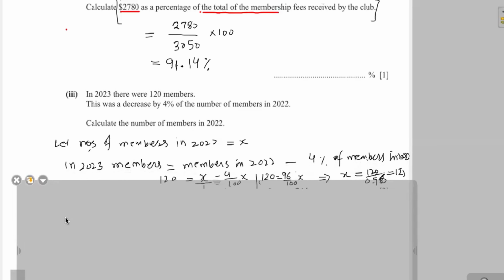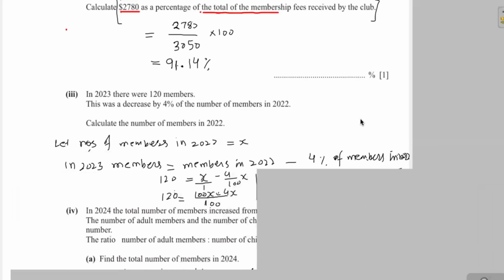The 2023 number of members here is 120, so we write 120 equals the members in 2022, which is X, minus 4%. And 4% means 4 over 100 multiplied by the number of members in 2022, X. Therefore, we can write X minus 4 over 100 X. Now we make the denominator the same. We get 100X over 100 minus 4X over 100.